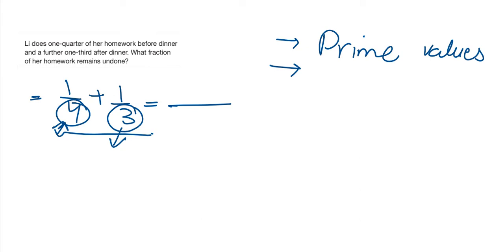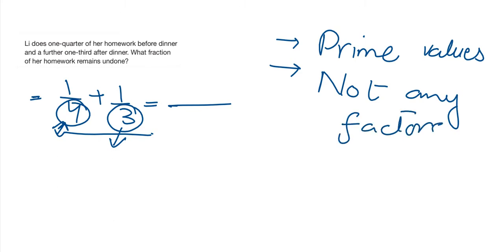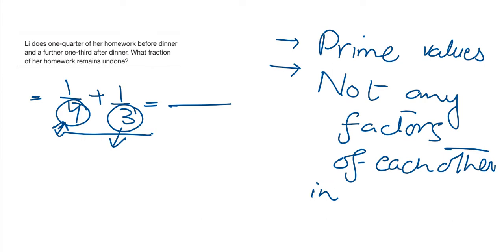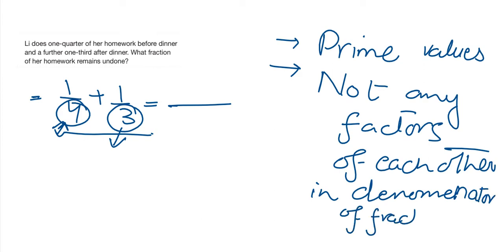Whenever you have prime values or no common factors in the denominators of fractions, you can easily multiply them with each other without taking out your LCM.